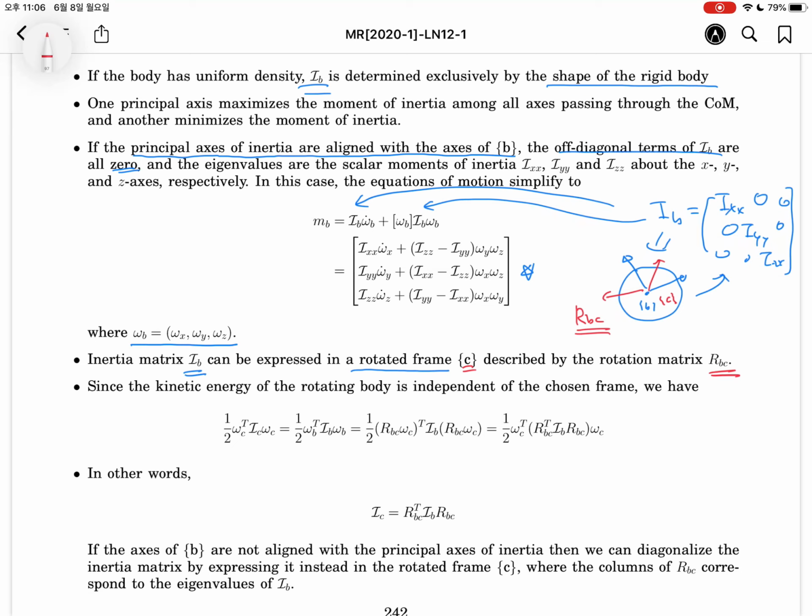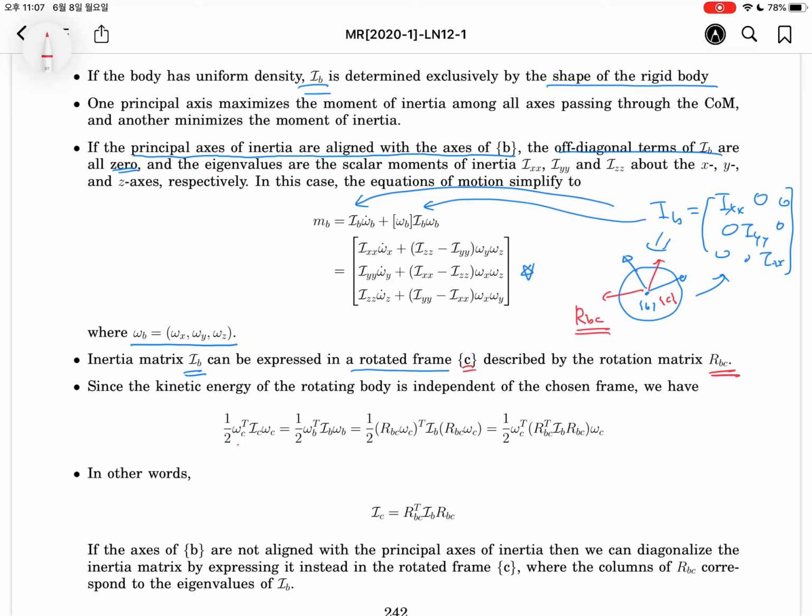If you know the rotation matrix from the body frame B into the new frame C, here we know that the kinetic energy is independent of the chosen frame. Is it right? Energy is just the energy. It is not dependent on the frame or coordinate.